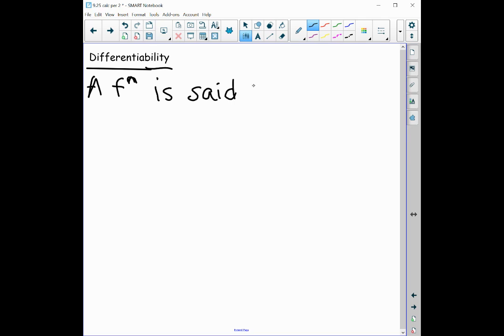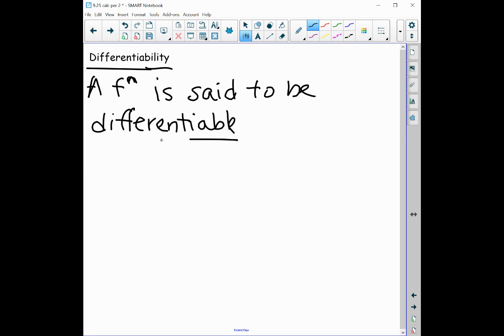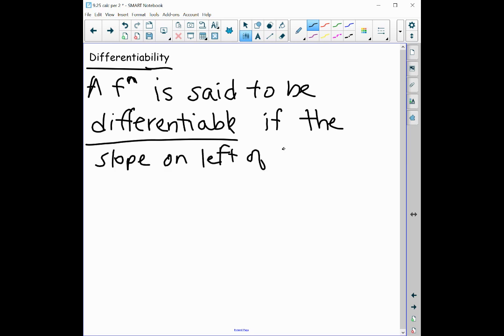A function is said to be differentiable if the slope from the left is the same as the slope coming from the right.